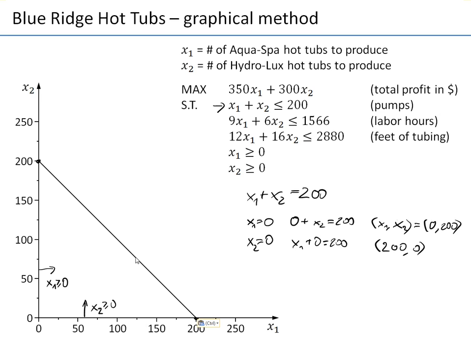Here is the line, and now I need to know points that are less than or equal to 200, for which x1 plus x2 is less than or equal to. Equal is on the line. Where will be the points that are less than 200? Well, it will be the points that are below the line, and we can check this by taking any point below the line and checking whether the sum of x1 plus x2 for this point is more or less than 200.